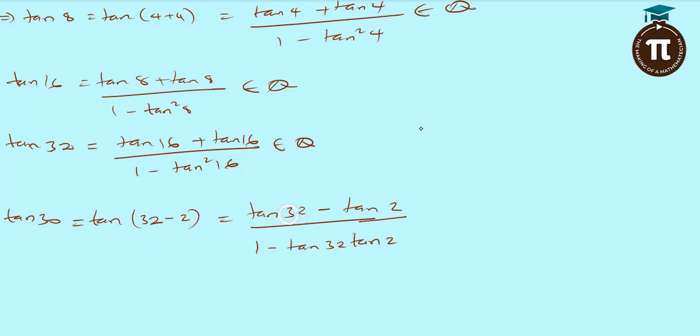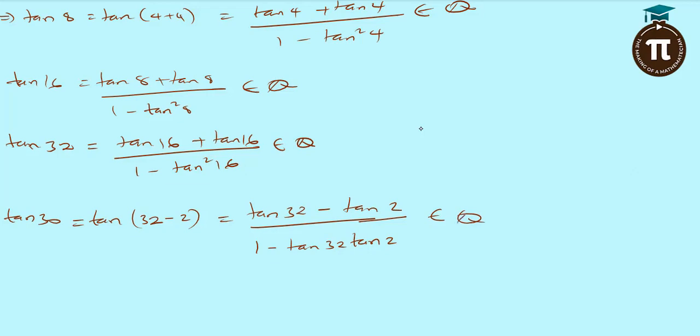Tan32 is rational, tan2 is rational. If you subtract two rational numbers, you get a rational number. If you multiply two rational numbers, you get a rational number. 1 plus a rational number will give you a rational number, and when you divide rational numbers, it will still be a rational number.